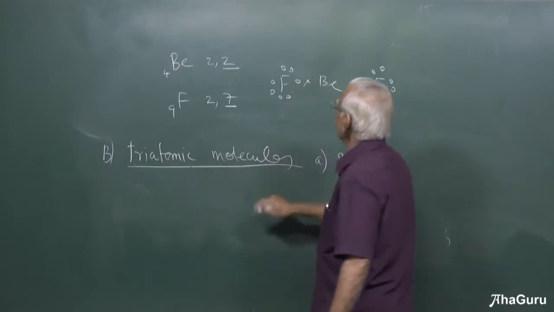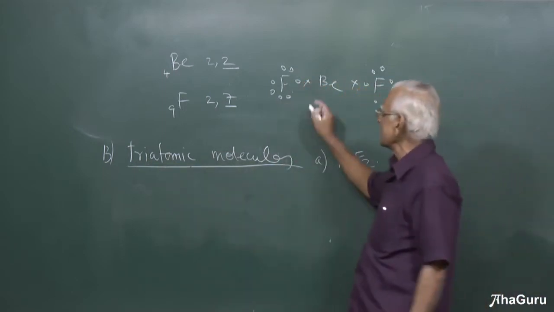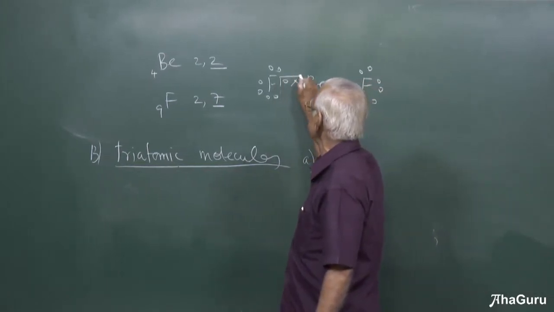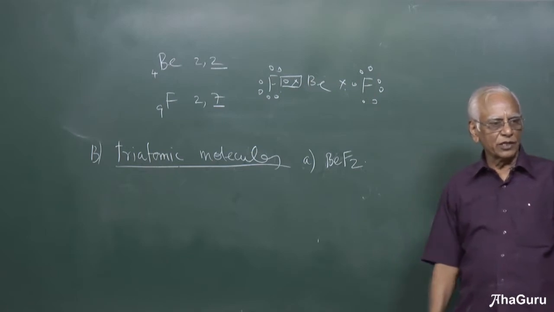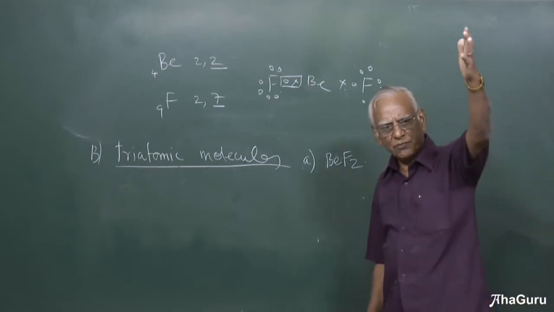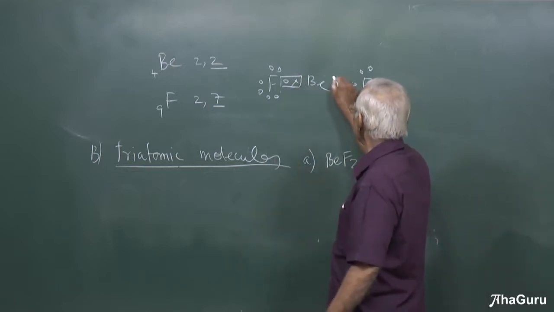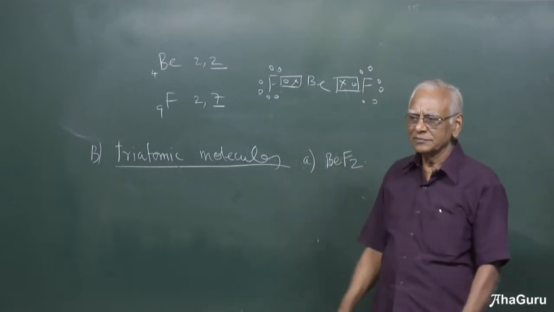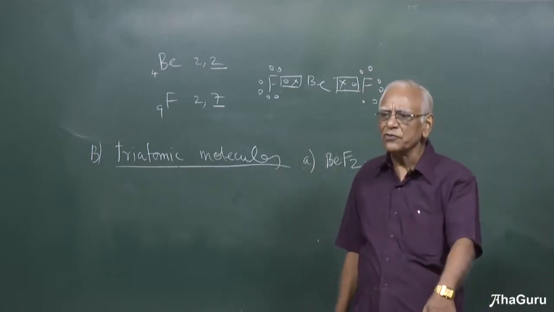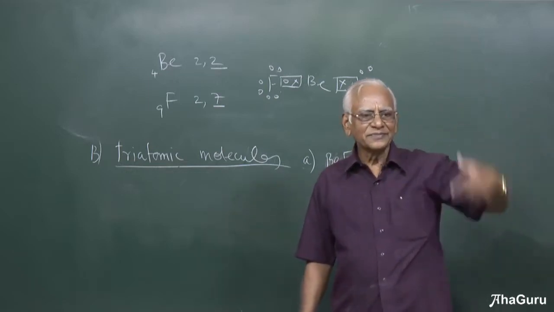Okay. Fluorine requires 1 more electron to get the octet. So, what happens here? It shares. It comes very close to the beryllium. Therefore, it shares. But this fluorine has attained the octet. Beryllium has not attained the octet here. That is why beryllium fluoride is also an electron deficient molecule.